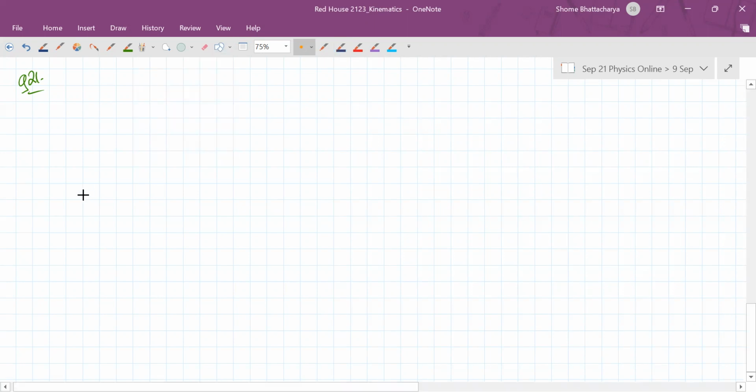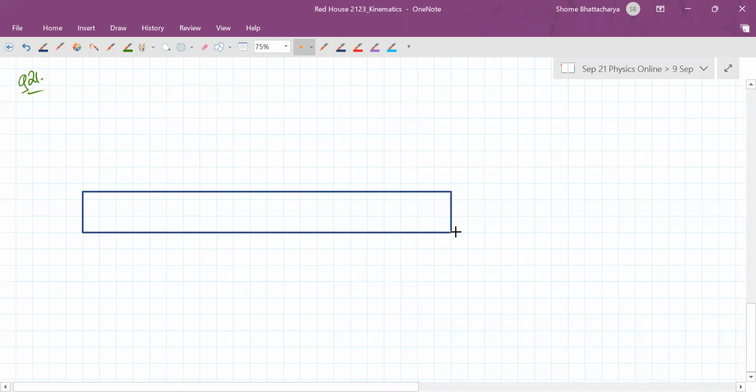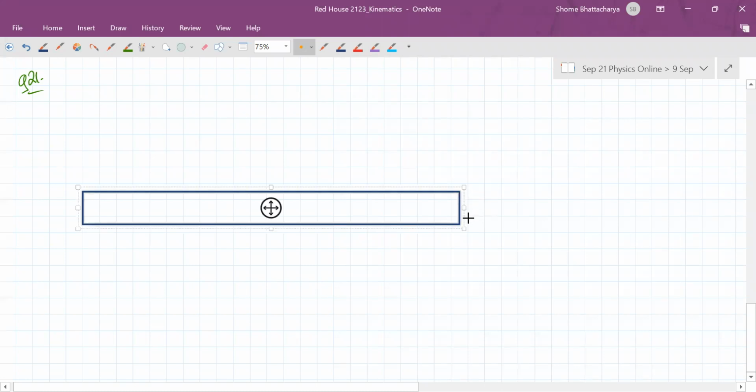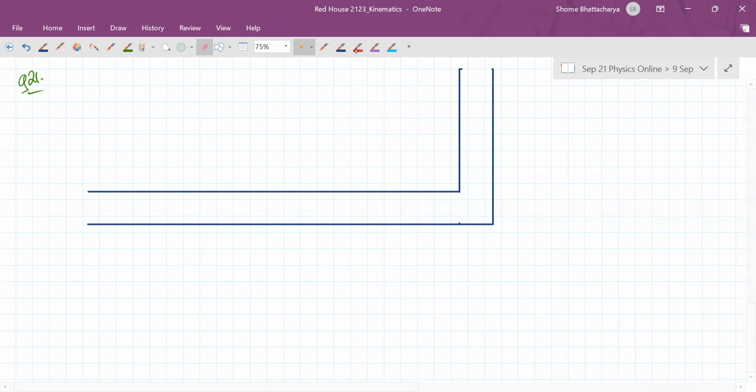Yes, sir. Okay, so let's say this is the kind of road. Okay. And somewhere here we have that turning. So let's say we first observe the situation where the motorbike is just reaching the turning.